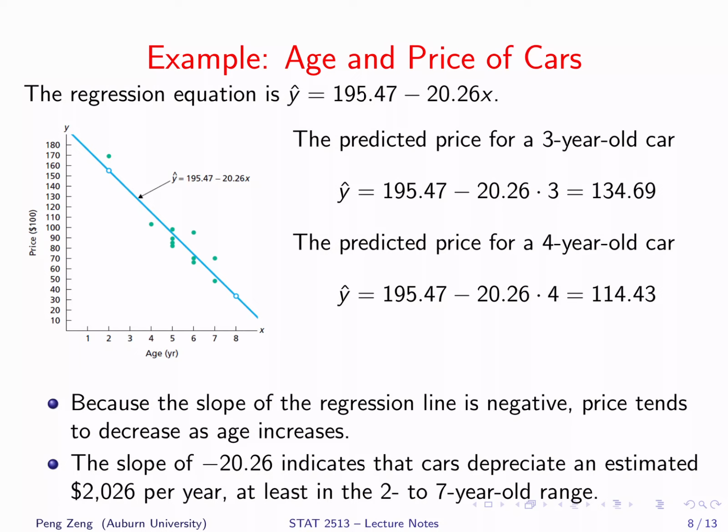The slope of negative 20.26 indicates that cars depreciate an estimated 2,026 per year, at least in the 2 to 7-year-old range.